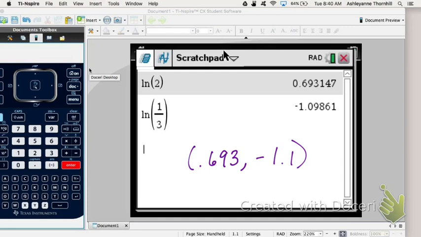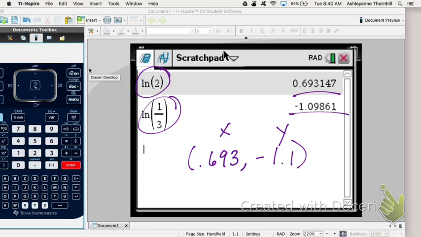I said I don't want your answer in decimals, but when you solved it, you got ln of 2 and ln of 1/3 as your x and y. If you type those in the calculator, you get 0.693 and negative 1.1. Your answers match up.